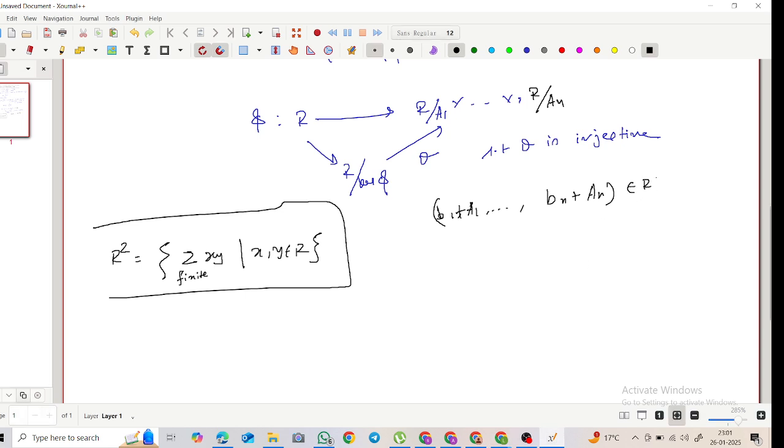So this is, suppose, an arbitrary element in the codomain. Now what do you need to do? Understand what you want.